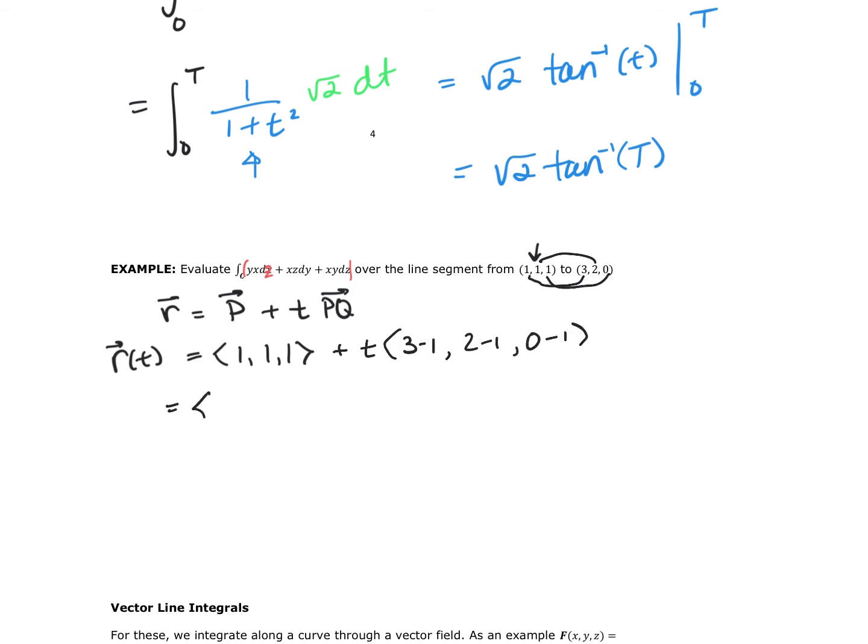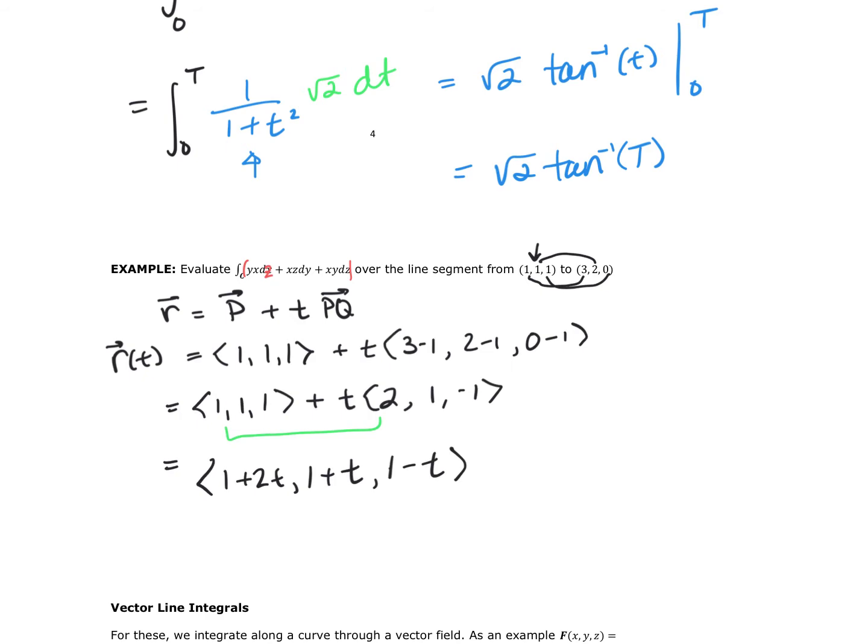So this is (1, 1, 1) plus t times (2, 1, -1), which can be written, because we can now combine these, as 1 plus 2t, 1 plus t, and then 1 minus t.